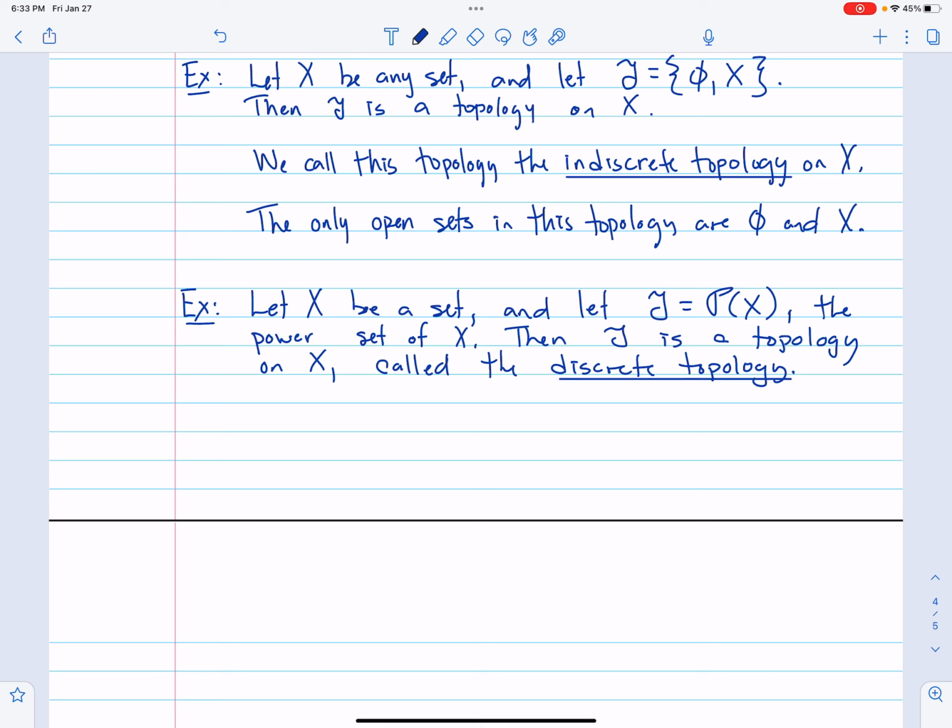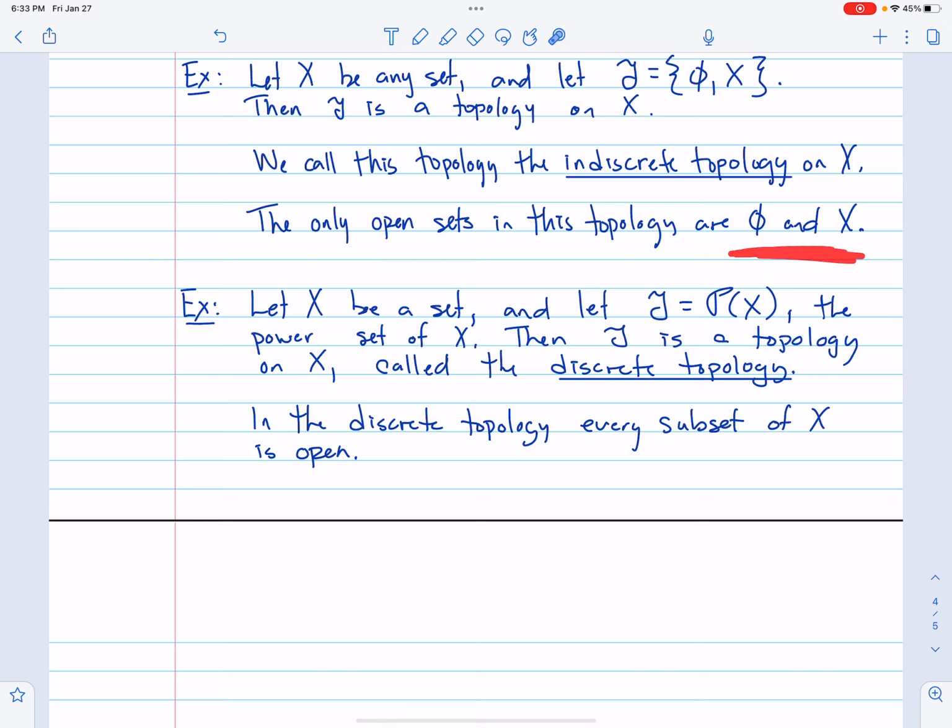Okay, and in the discrete topology, every subset of X is open. So you can see, in the first example you include the fewest open sets you can, and here you're basically including every open set that you possibly can. So they're topologies on opposite ends of the spectrum. But you can define these topologies for any set X.